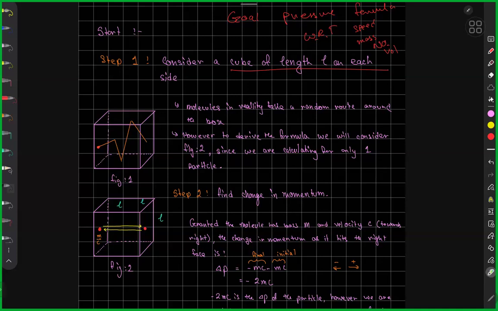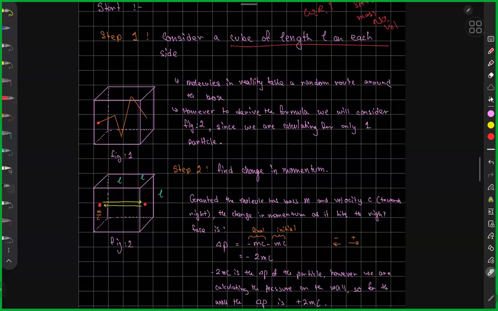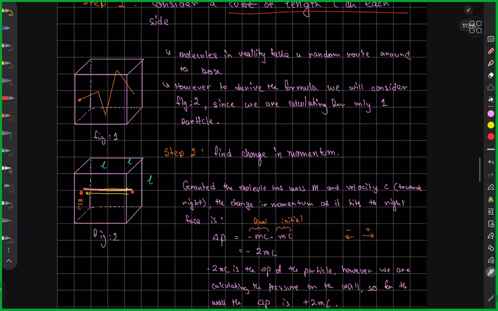But when I'm deriving the formula and we are considering one particle, I will simply assume the motion of the particle to be a straight motion. It goes from, let's say, point A to point B and back to point A. This is the simplified motion of one particle.